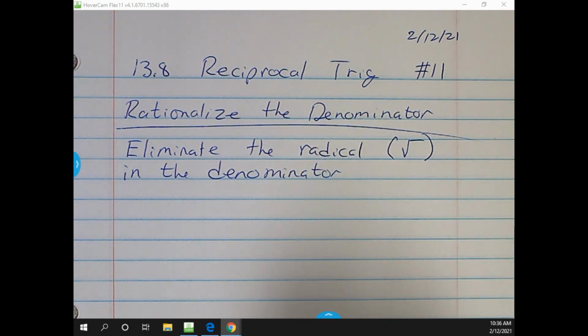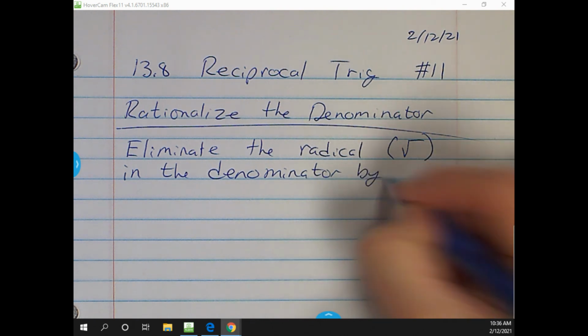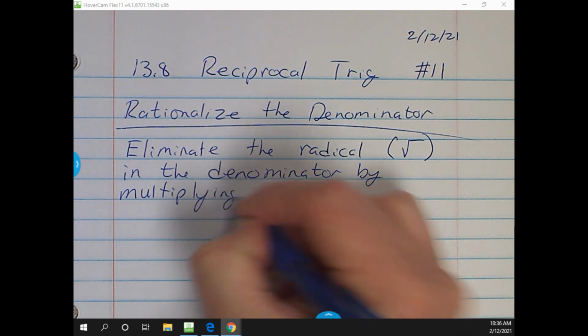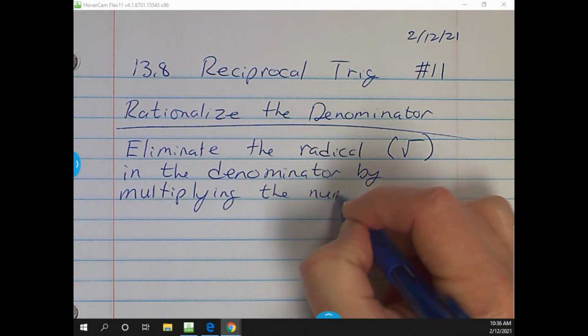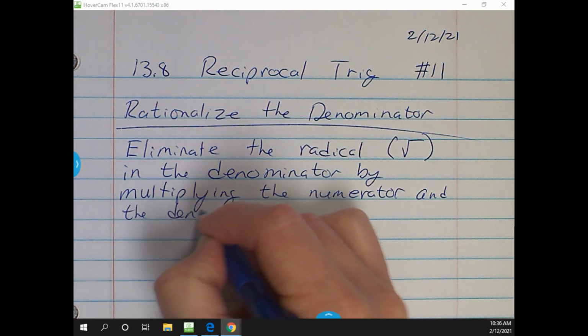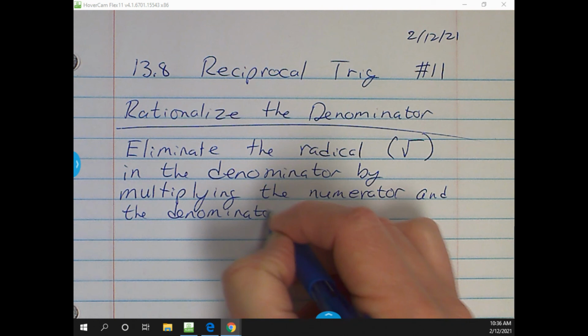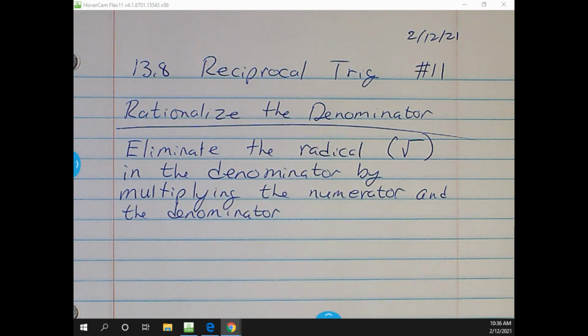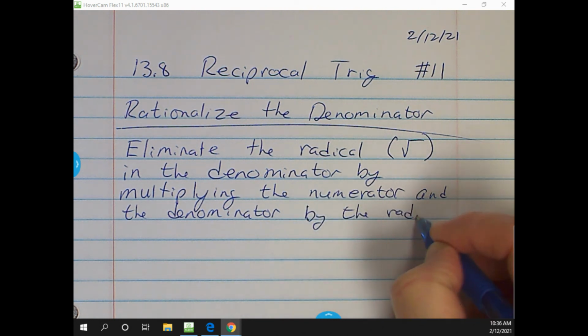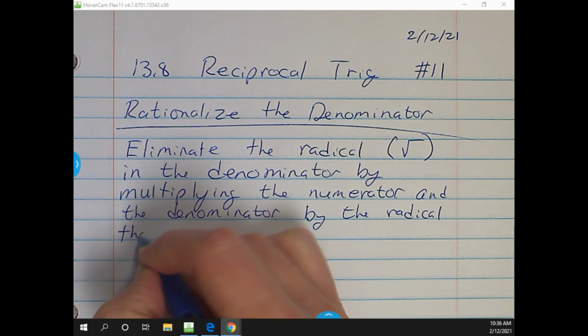To do that, we're going to multiply the numerator and the denominator by the radical that is in the denominator.